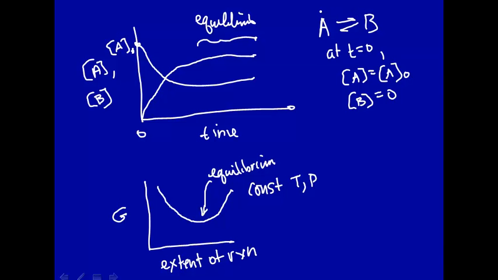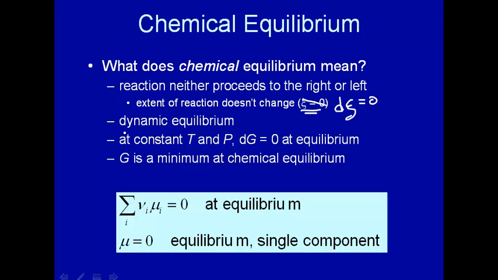Even at equilibrium, A is converted into B and B is converted into A. Just at equilibrium, the rates of the reactions forward and reverse are the same, so you have no net change in A or B. But still remember that A is converted to B and B is converted to A at equilibrium, and that's what's known as dynamic equilibrium.